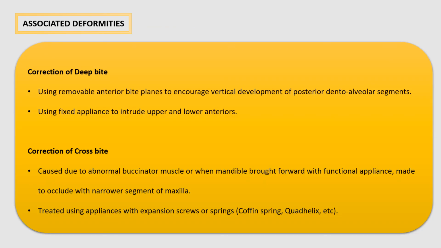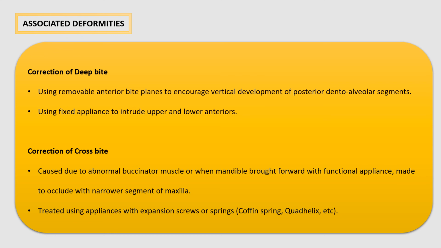Any associated deformities, that is the correction of deep bite or correction of cross bite, as we discussed earlier, you can use removable anterior bite planes to encourage vertical development of the posterior dentoalveolar segments, that is supraeruption of the posterior teeth, or you can use fixed appliances to intrude the upper or lower anteriors to treat deep bite as well.